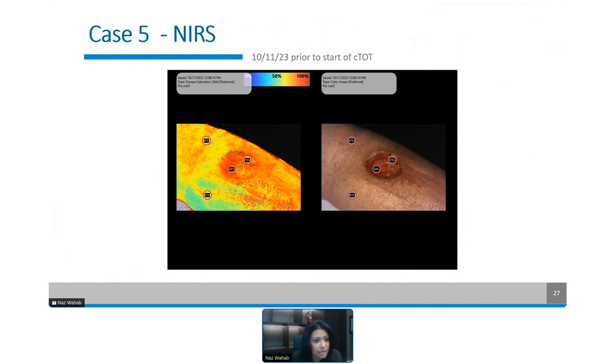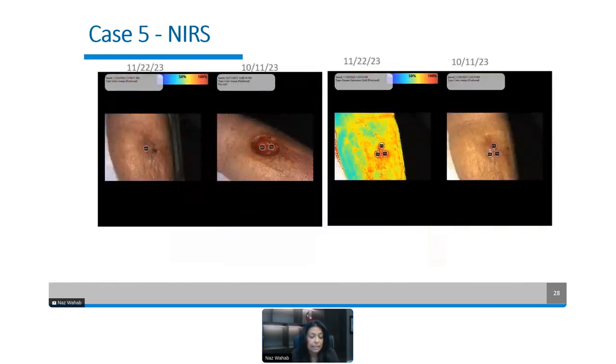Here's the near-infrared image of using it prior to the start of therapy. Again, seeing that there is some kind of a response there. But on the near-infrared, what we're seeing is that even though you start with this hyperemic effect in that chronic inflammatory stage, as we come down to that remodeling stage, our oxygenation is coming back down to whatever that patient's normal is.